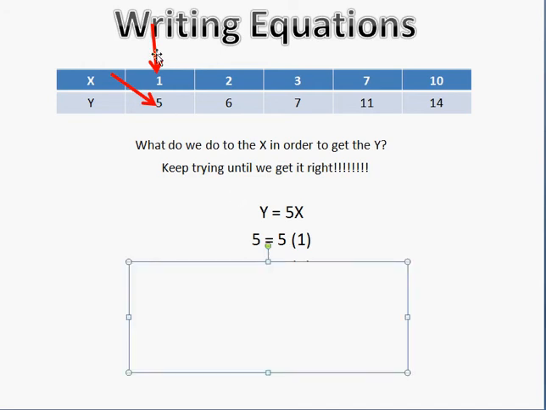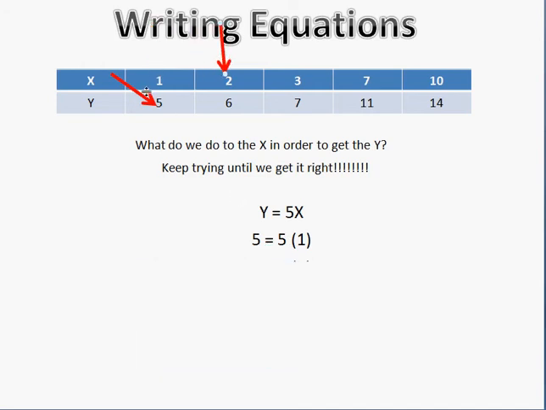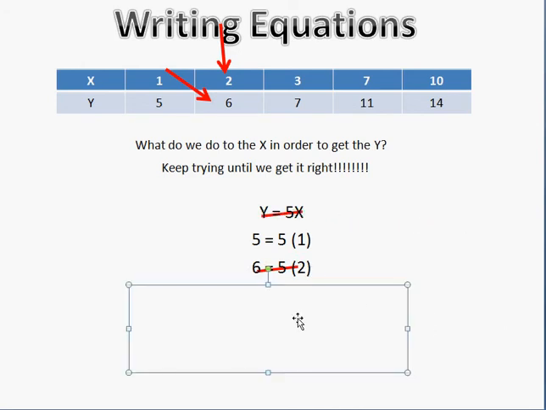But now I'm going to look at my next one, 2 and 6. So 2 times 5 does not equal 6. So I know that it cannot be 5x equals y. It can't, because when I get to my second x value, it doesn't equal it.